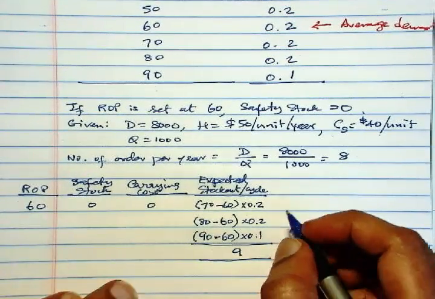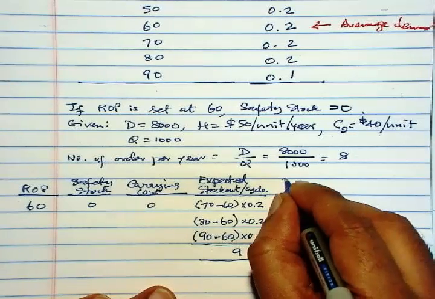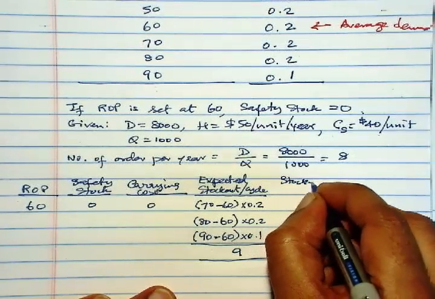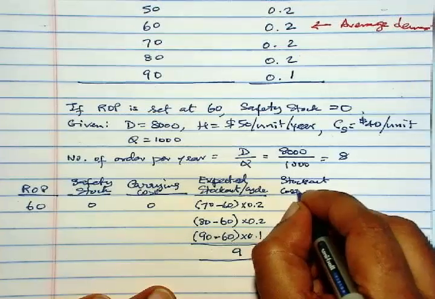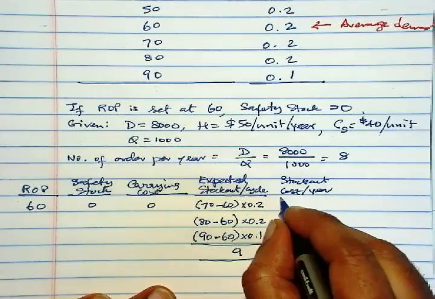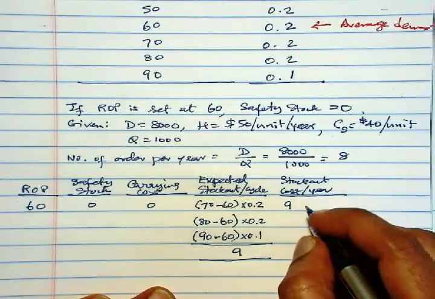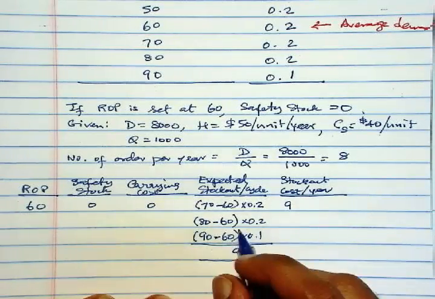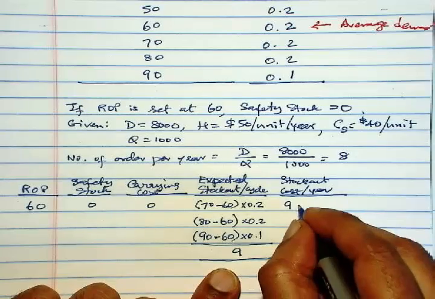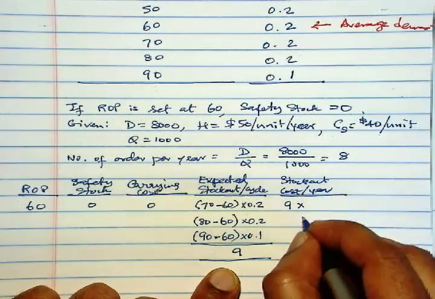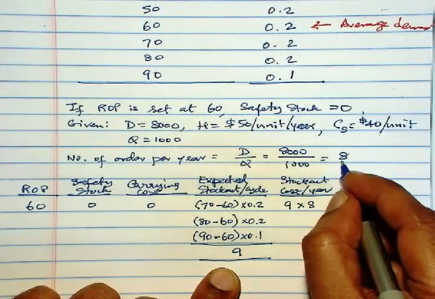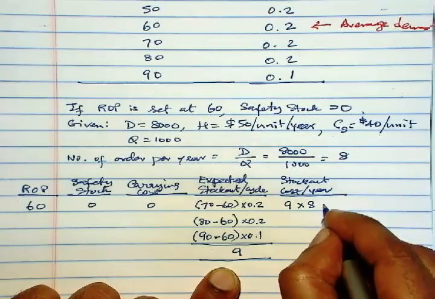So now the stock out cost per year would be: you take the 9 units per cycle, times there are 8 order cycles per year, and then times 40.